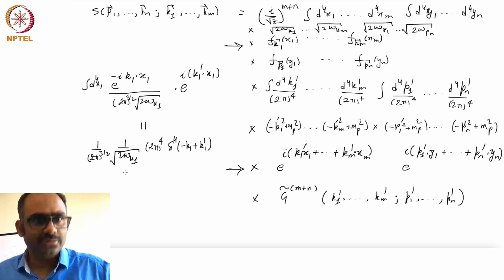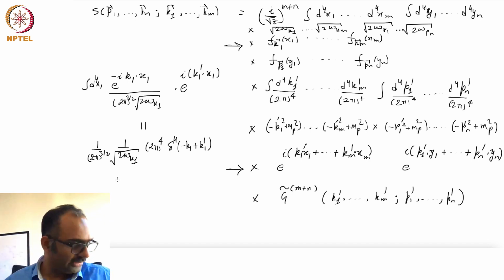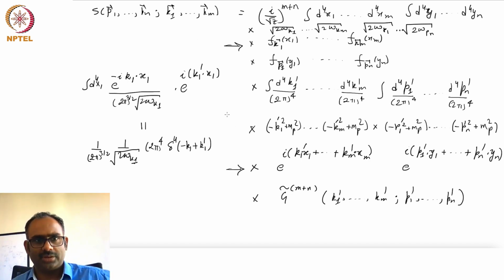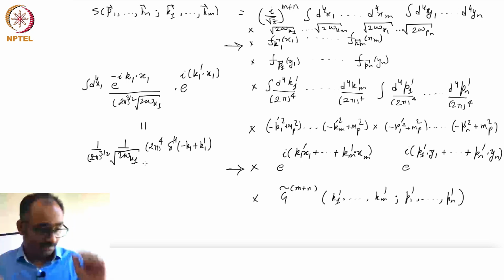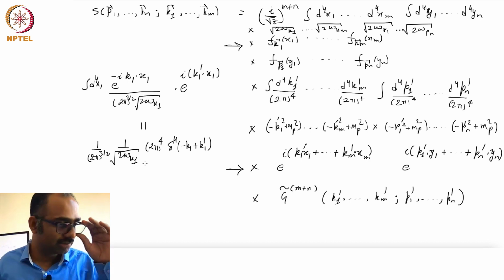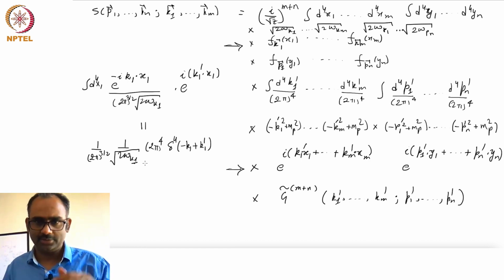Pending this issue of sign which I am facing, that is the delta function you are going to get. And then similarly, you will get it for each of the x variables and also for the y variables. Once you have a delta function, integrating over k1 prime, k2 prime, p1 prime and p2 prime will be easy. So, that will be the next step. But before I do that, I want to check my sign and then we will continue in the next video.